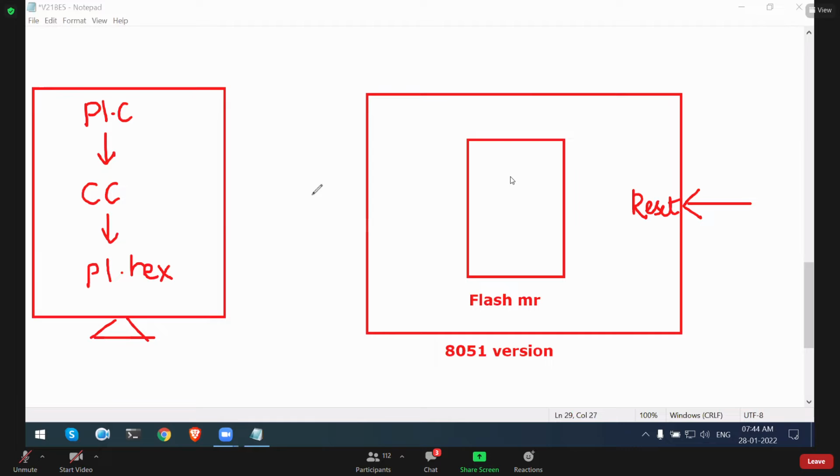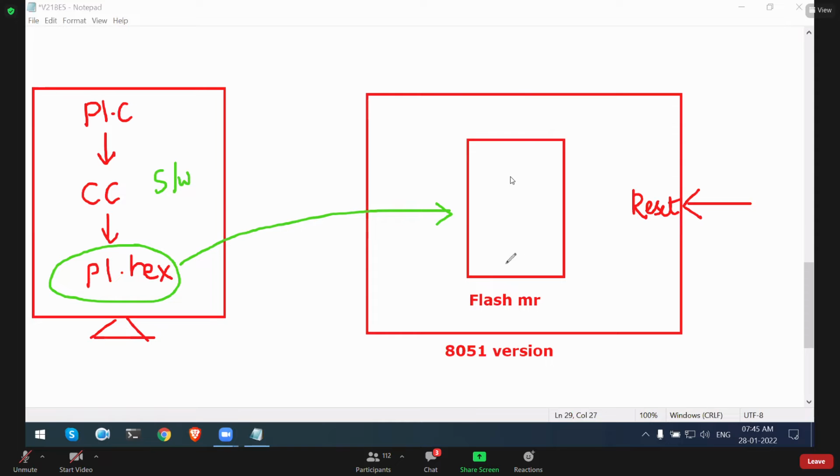Now suppose you want to transfer this hex file content inside the microcontroller. What you should do is use one software. In that software you have to browse this hex file and click start dumping the hex file, so you start the process. As soon as you start the process, this software will ask you to reset your 8051 microcontroller.